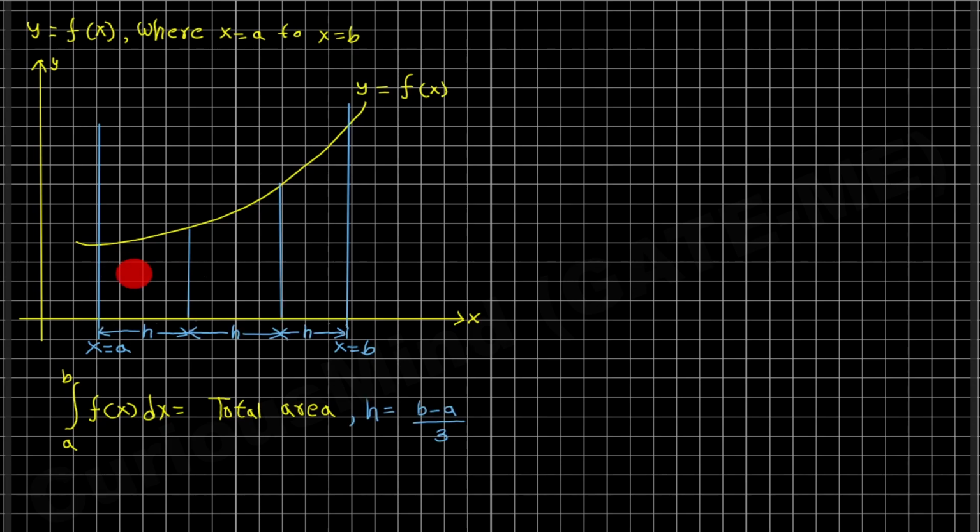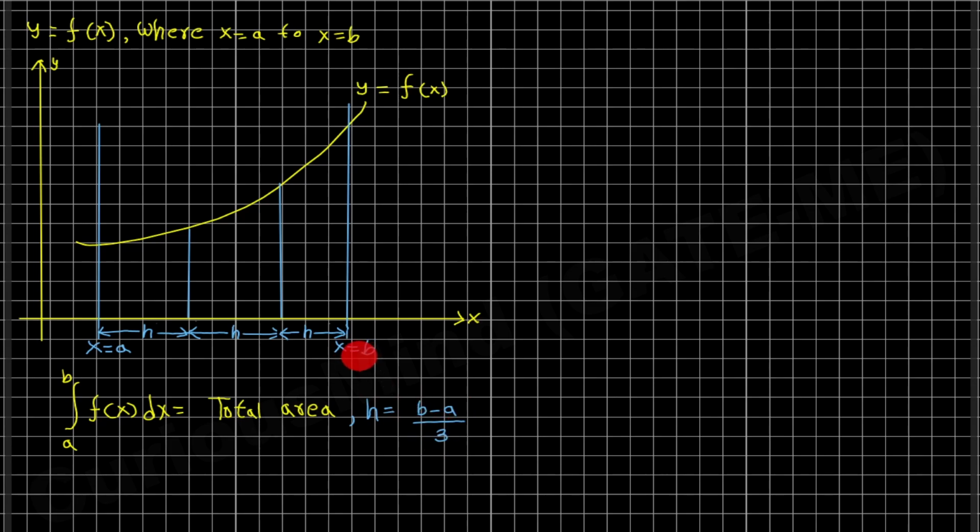So we have divided this total area into three equally spaced subintervals, each of width h, which is equal to (b minus a) divided by 3, right?